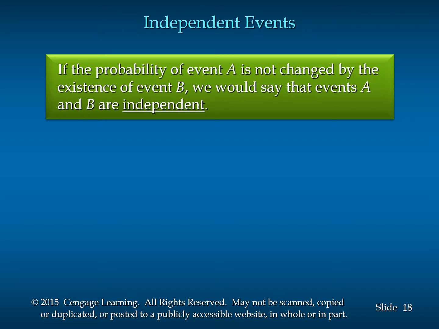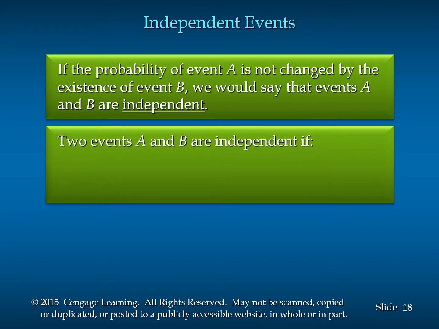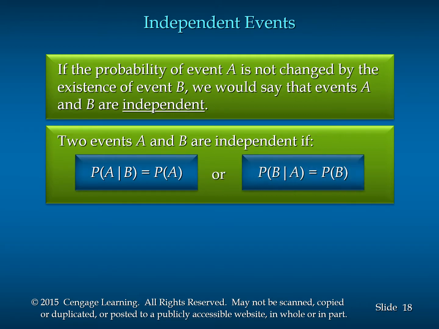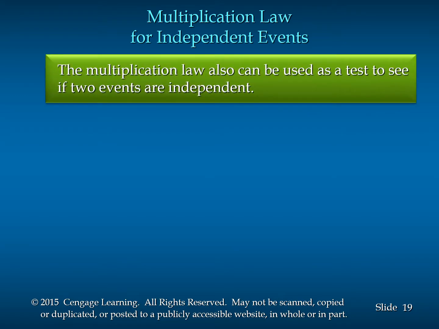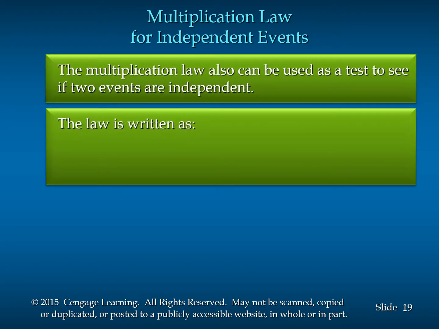Finally, we need to understand that two events can be independent. In other words, the probability of event A is not changed by the existence of event B. Events have different forms of conditional calculation. And the multiplication law is simplified given two independent events.